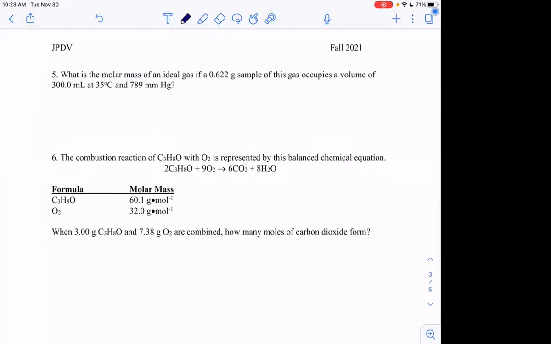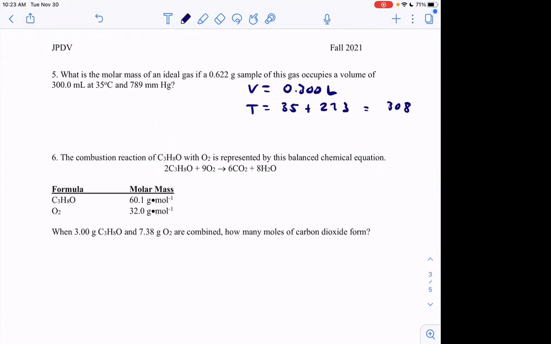All right, so PV equals nRT. What do we have? We've got volume 0.300 liters. We've got temperature equal to 35 plus 273, 308.